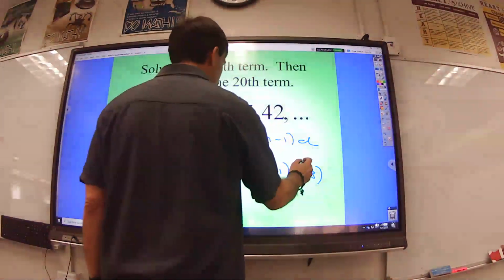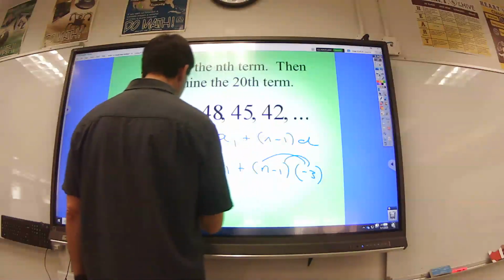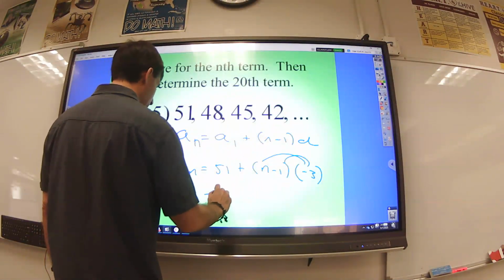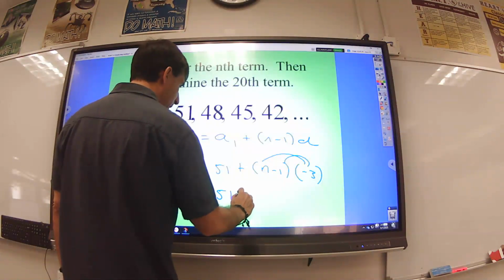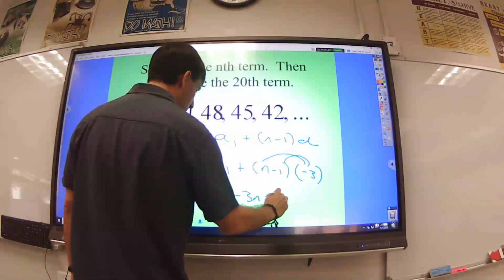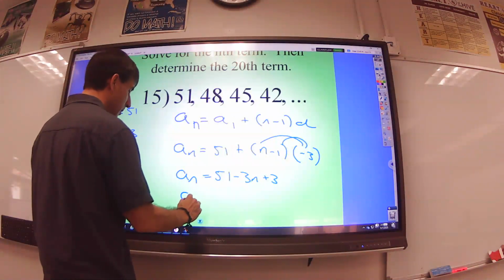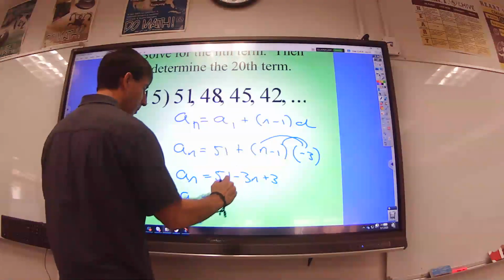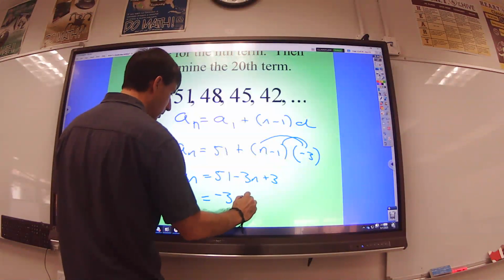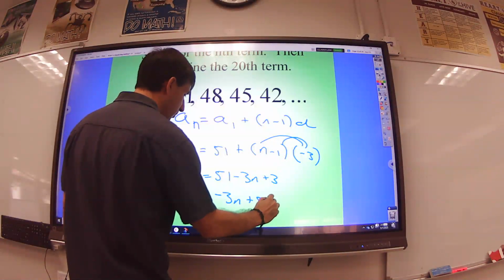Let's go ahead. Negative 3 times n, negative 3 times 1. A sub n equals 51 minus 3n plus 3. There we're adding our 3 back, right? So we get A sub n equals negative 3n plus 54, since 51 plus 3 is 54.